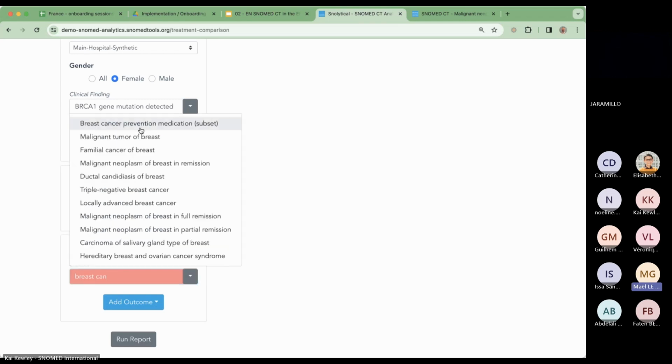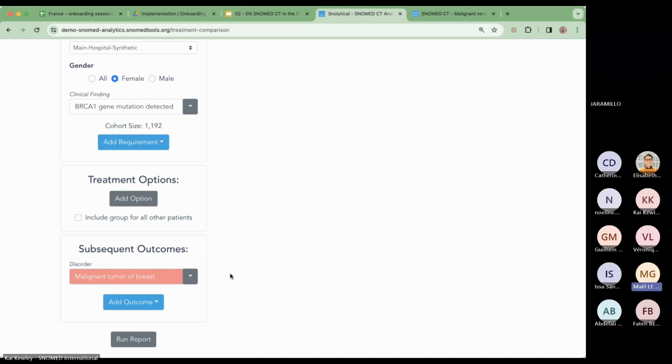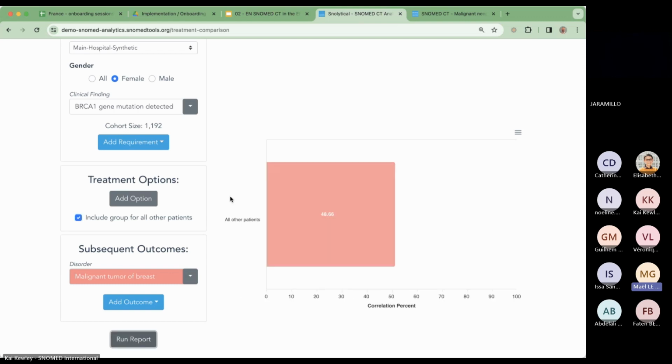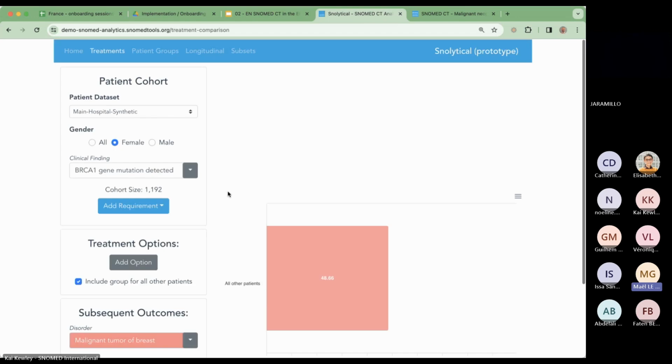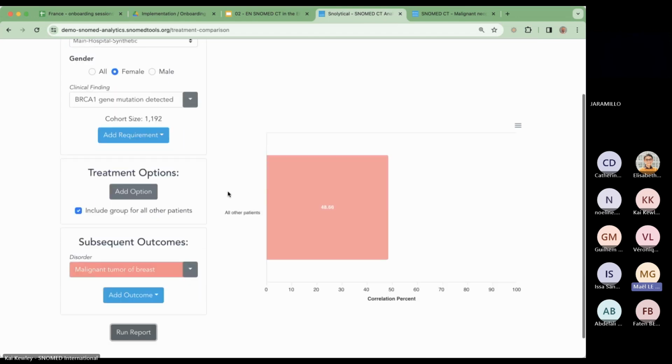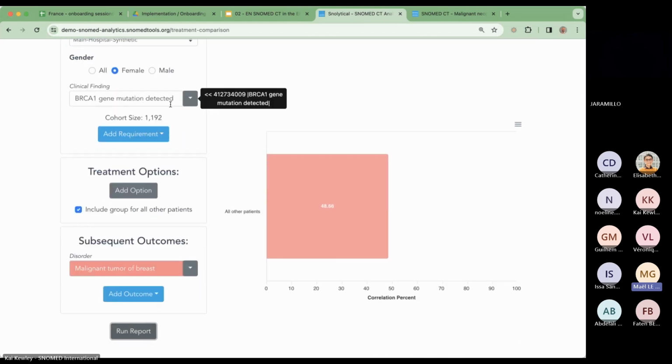It's breast cancer, malignant tumor of breast. And before I define any treatment options, I'm going to start by looking at everyone in the cohort. And we can see that for this cohort who have tested positive for the gene mutation, the correlation with breast cancer is very high. It's around 78%.